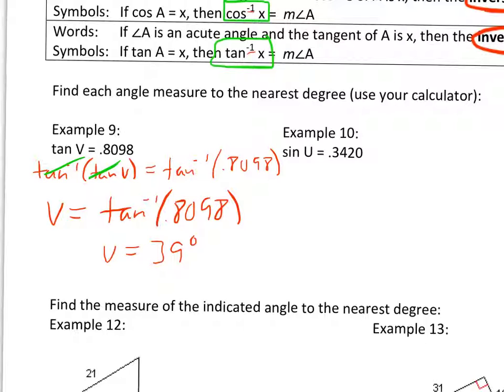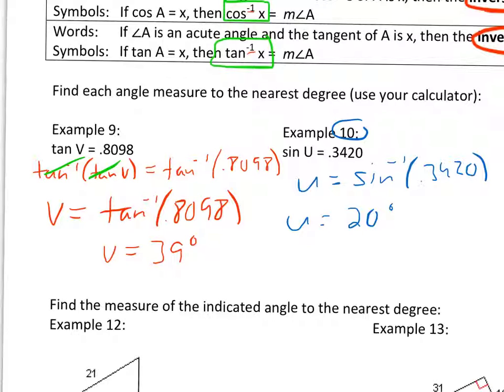So that's longhand. To solve number 10 here, all we have to do is say u is equal to the sine inverse of 0.3420. And when we do that, we should get 20 degrees.